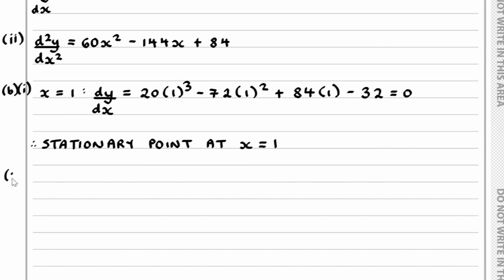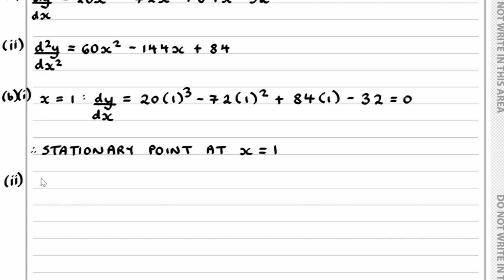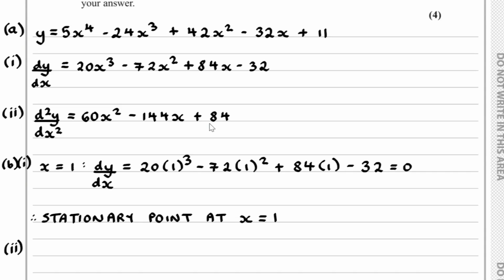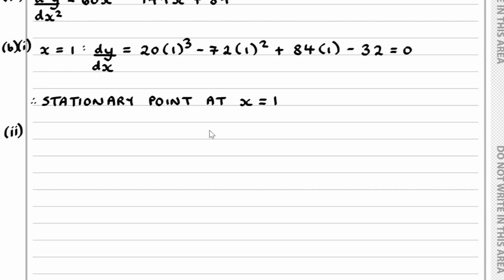What we would have to do for the second part of part B, to begin with, let's test out what the value of the second derivative is when x equals 1.